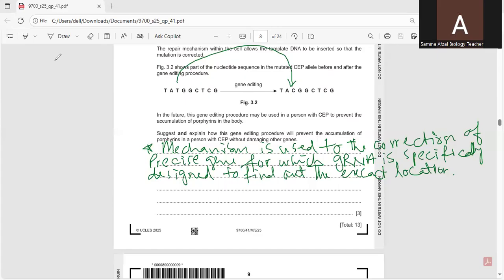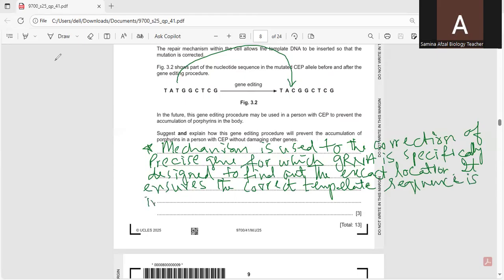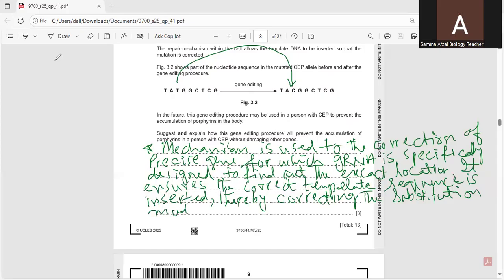And then you can say in this mechanism, the correct template sequence is inserted, thereby correcting the substitution mutation.